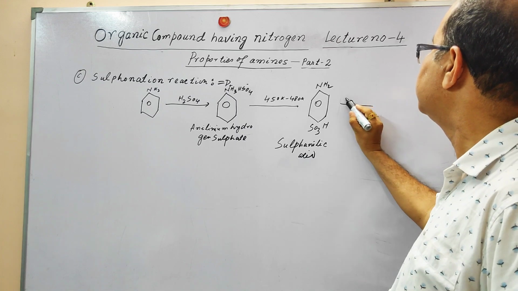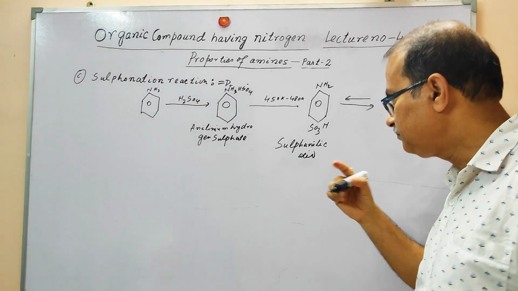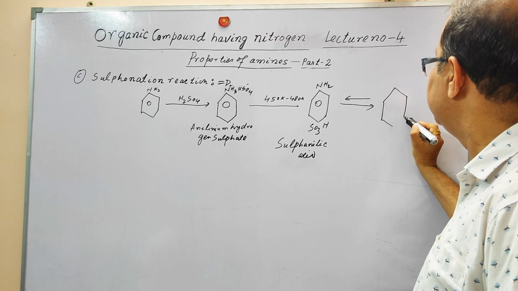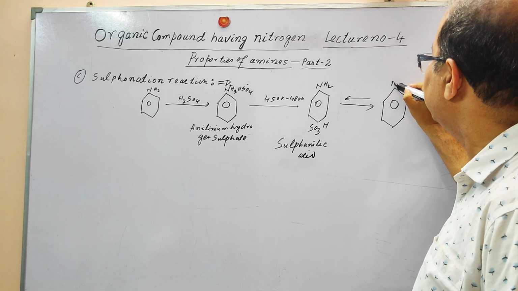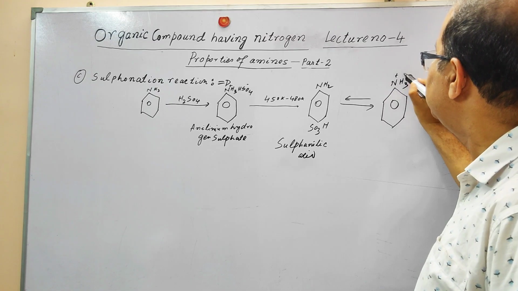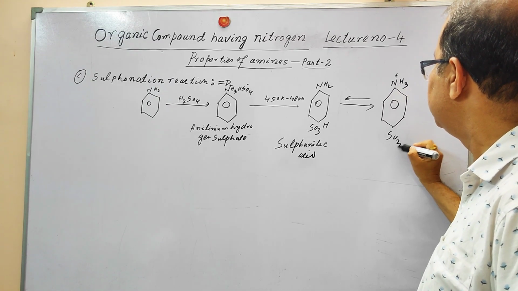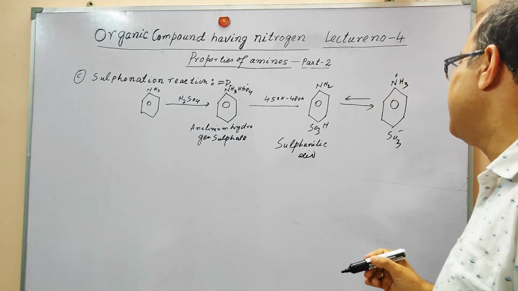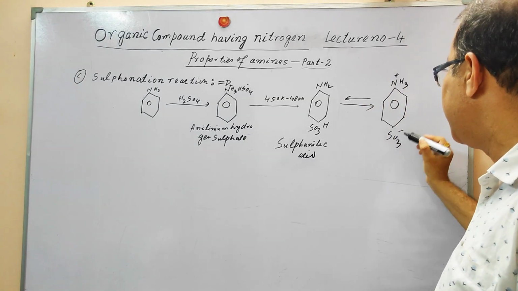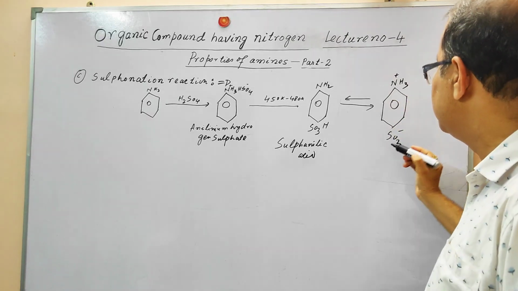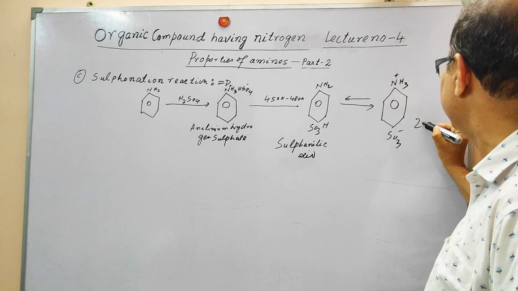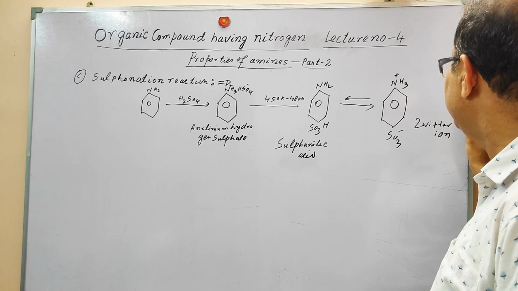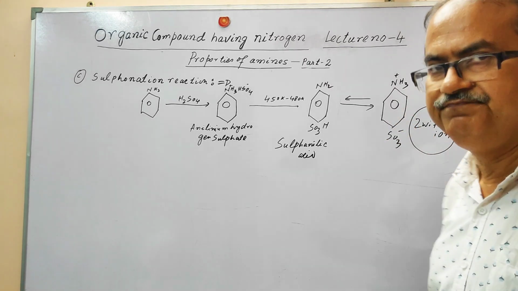And this sulfanilic acid is in equilibrium with this zwitterion, with SO3 minus. The hydrogen goes to the amino group and it becomes this zwitterion. This zwitterion is very helpful to produce many sulfa drugs.